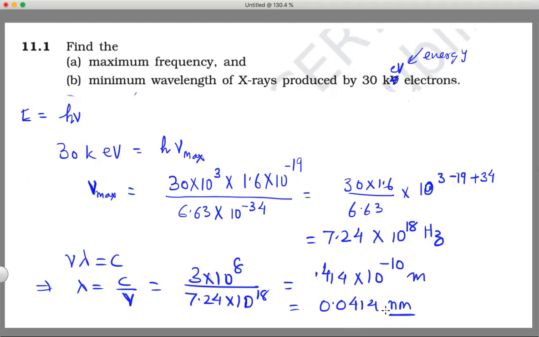So this is the answer. This question only uses the concept that E is equal to h nu.